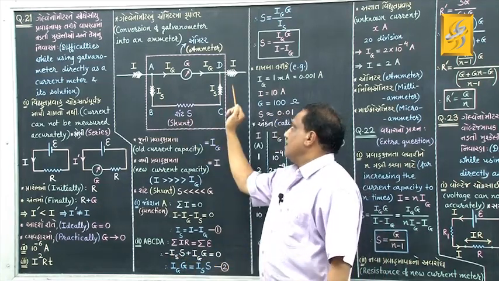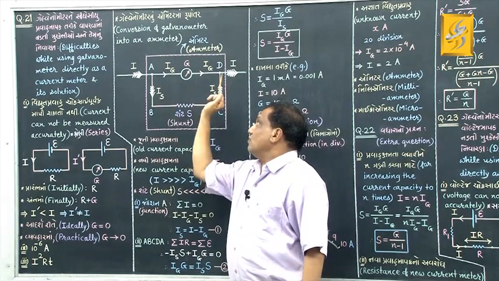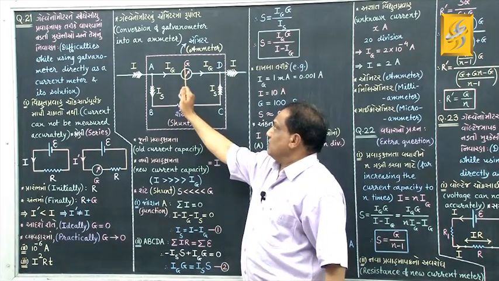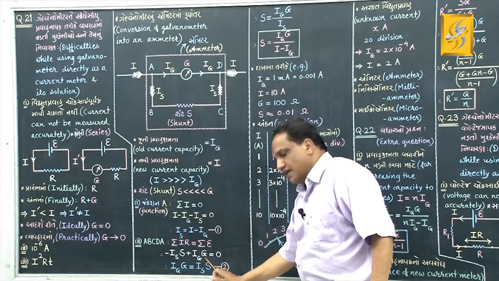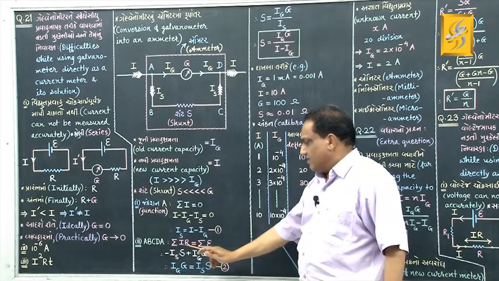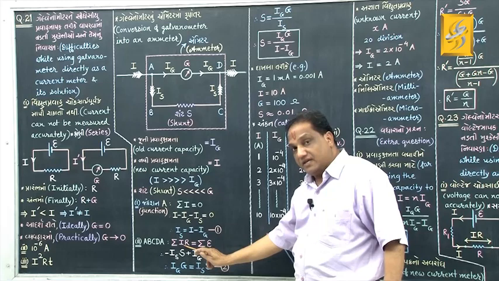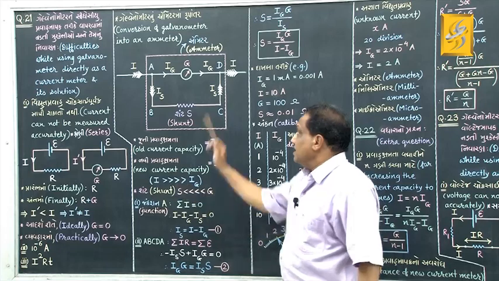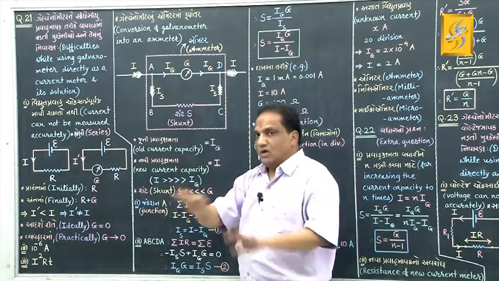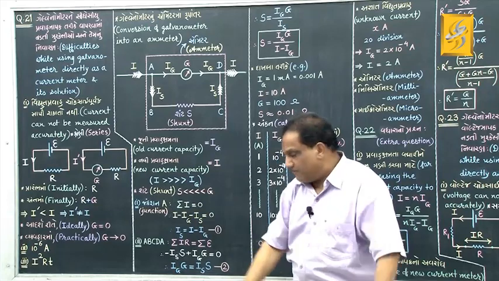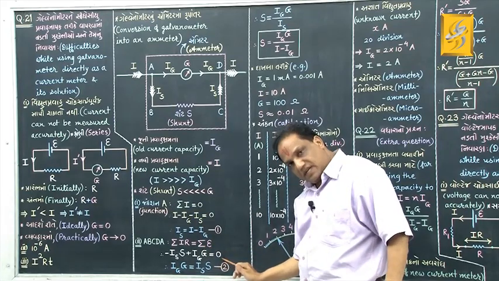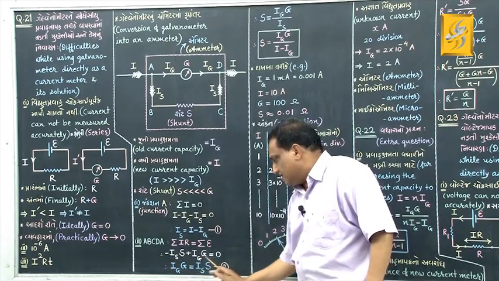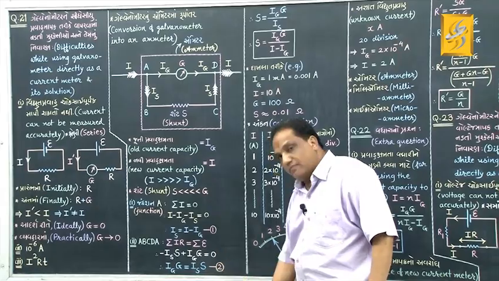And now when you go this way, you are going opposite to current, so the IR product should be taken positive, plus Ig into G. Correct? And then in whichever closed path you have taken the algebraic summation of IR terms, in the same closed path we should take the algebraic summation of EMFs. But in this closed path there is no battery, no EMF, so sigma E should be taken 0. Correct? Transfer this, it will become plus Ig into G equal to Is into S. Correct? Give it equation number 2.